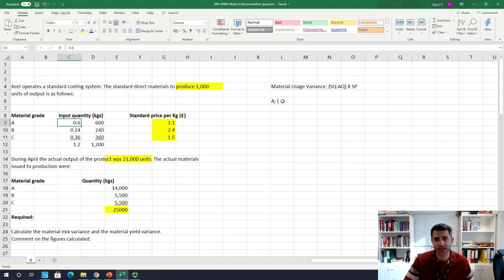So that's 12,600 minus actual kilogram, 14,000, times standard price, 1.1.